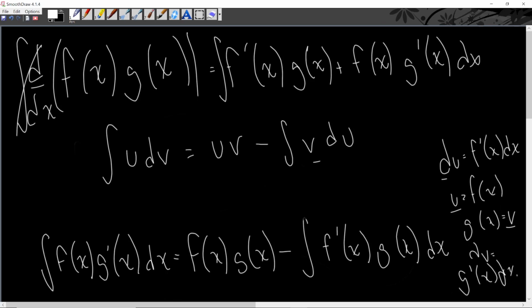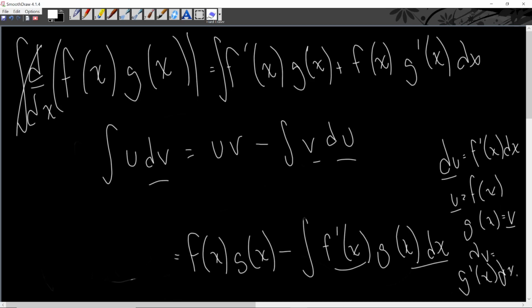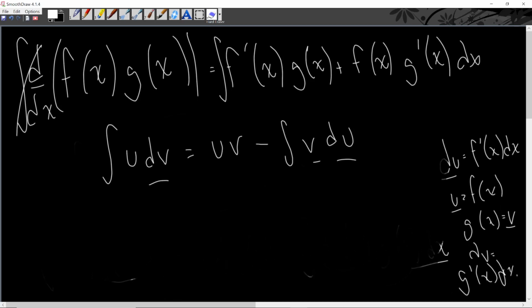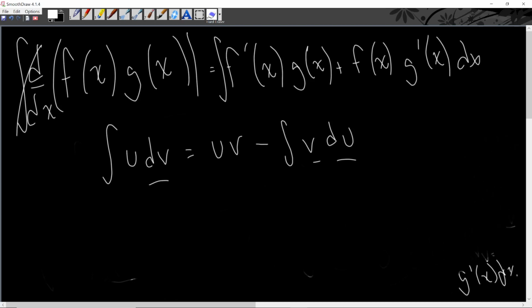And so that's why du is used for f prime x dx, and dv is used for g prime x dx. And yeah, we will do some examples of how this works, but just a quick introduction to the type of thinking that we'll need to use for integration by parts.